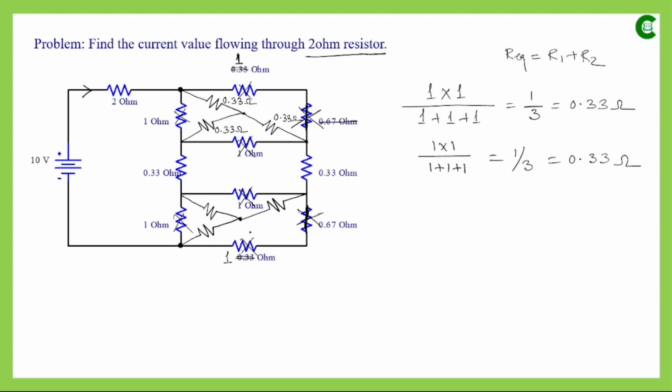And if we come to the other side of the circuit, again we find that the resistance values of the delta connection that we had in the original circuit are also 1 ohm, 1 ohm and 1 ohm. So if we find the resistance values in the converted star connection, they will again be 0.33 ohm. If we draw the modified circuit, it will look like this.